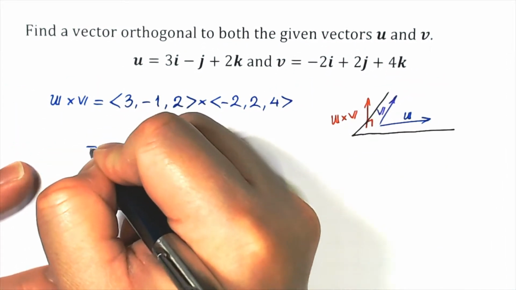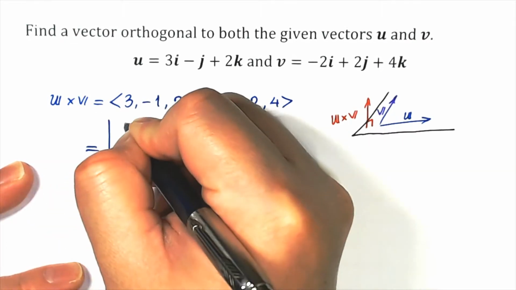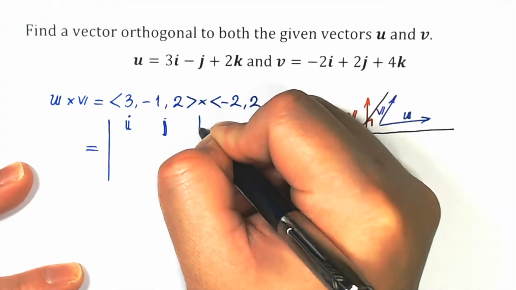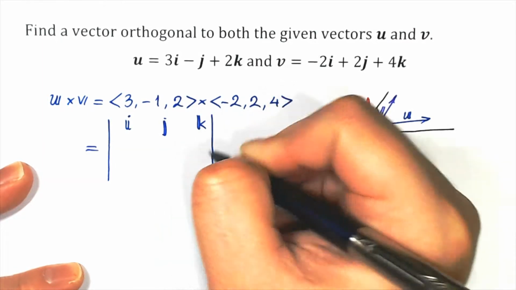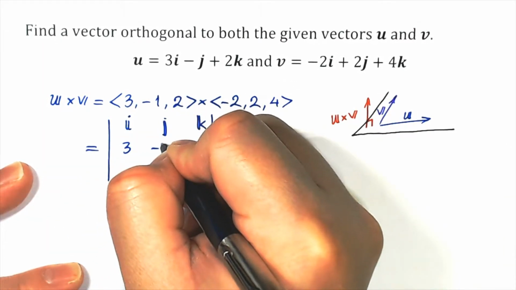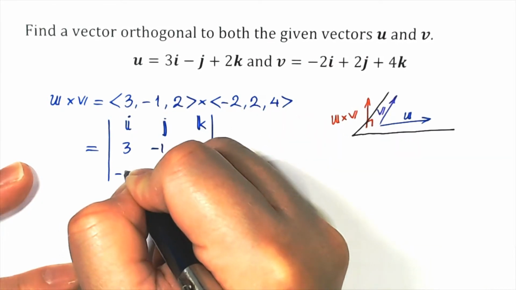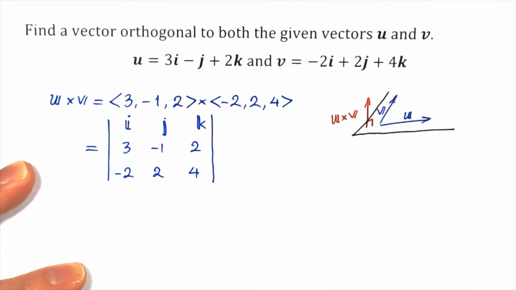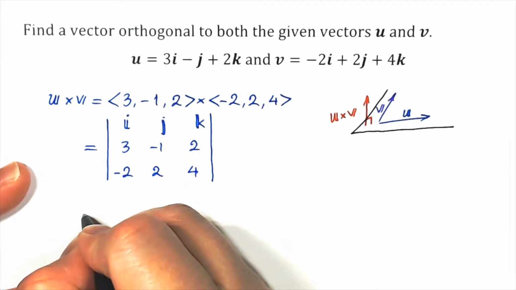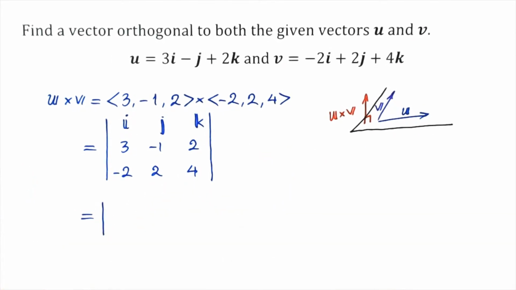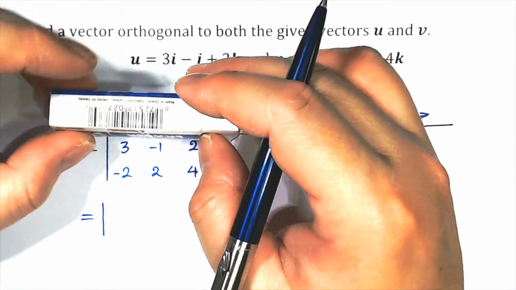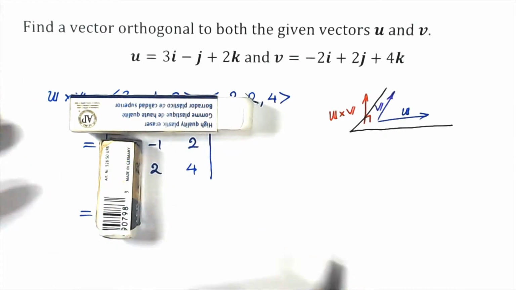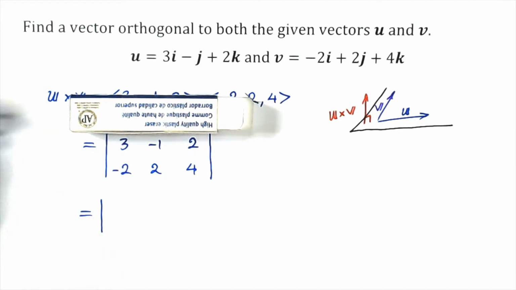And that is a 3x3 determinant of 3, -1, 2, -2, 2, and 4. We did this before, so we go over i, over j, and k.